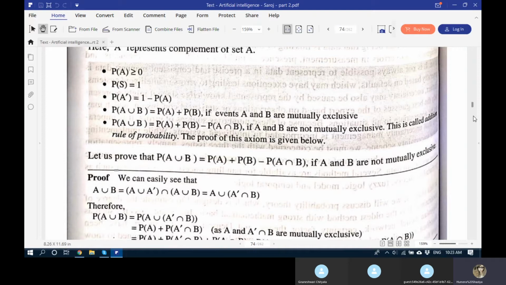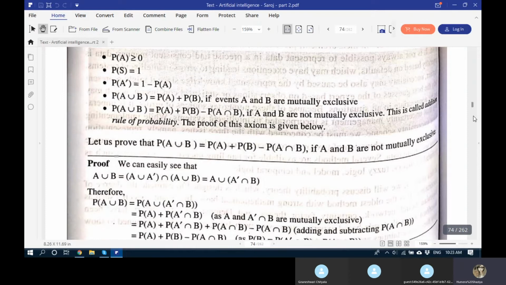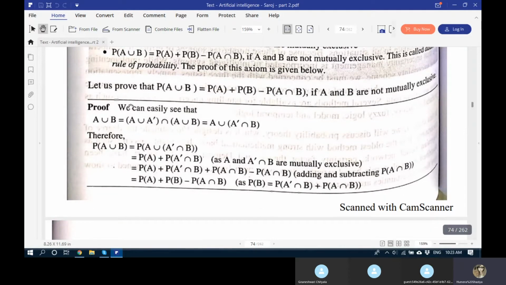Okay, so this is the second rule: P of A union B when A and B are not mutually exclusive is called the addition rule of probability. And the proof of this axiom is given below. We can easily see that A union B is equal to A union (A complement and B).